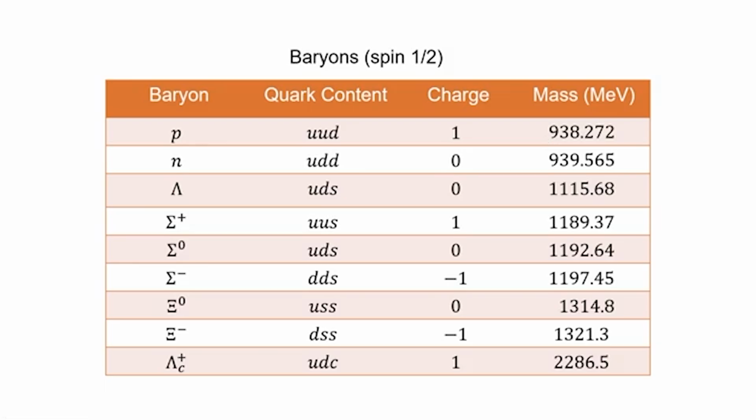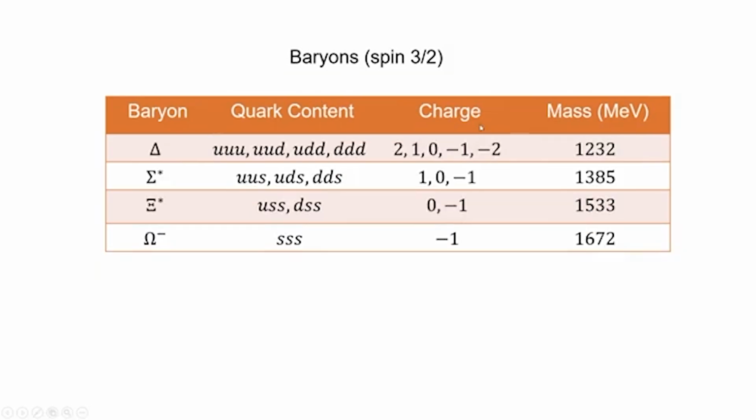So, there is only data, you can store them, and if there is any question on this, you could refer to this table. All these particles and their quark content or composition is mentioned along with the charge and the mass.